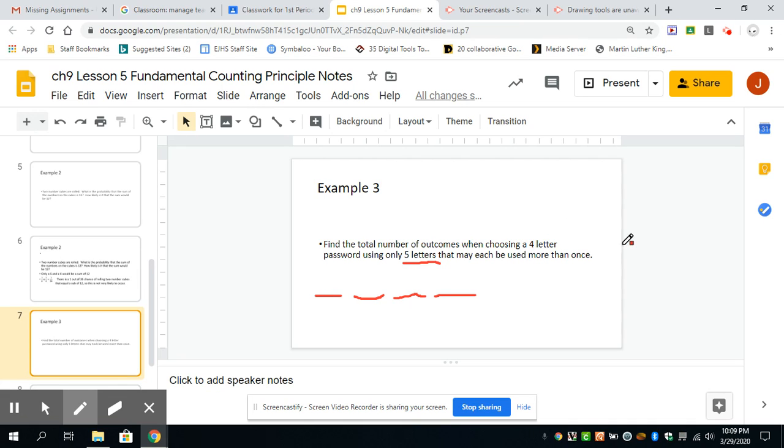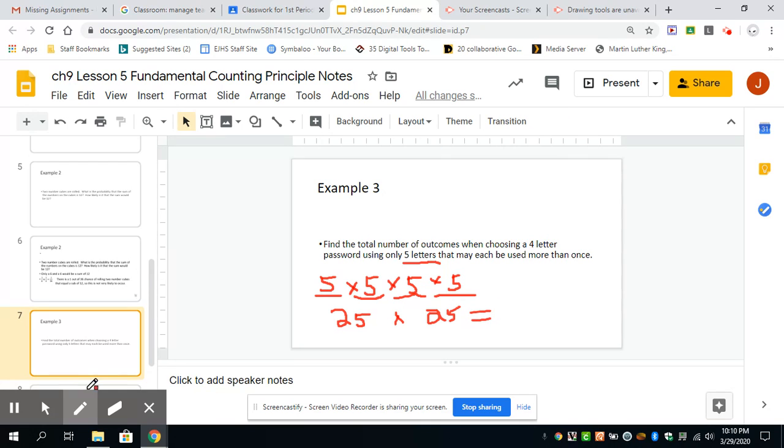Since they can be used more than once, there are 5 letters that can go in the first spot. We can reuse any of those same letters. There can be 5 letters in the second spot, 5 letters in the third spot, and then 5 letters in the fourth spot. So then we just multiply those together, and you'd get 25 from 5 times 5, and then 25 here, and we have to still multiply both of those together. 25 times 25 would give us the answer.